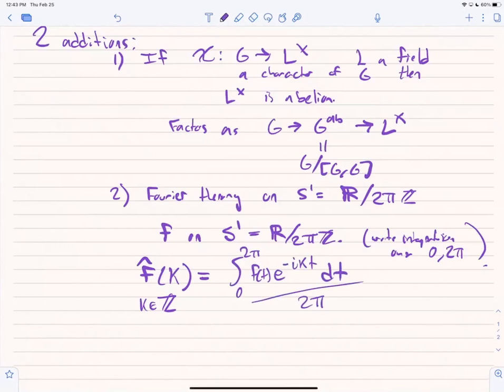If you've seen the Fourier transform before, this should look roughly familiar, depending on what you saw.